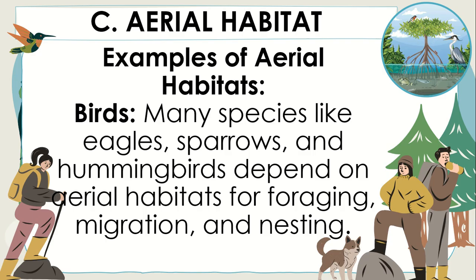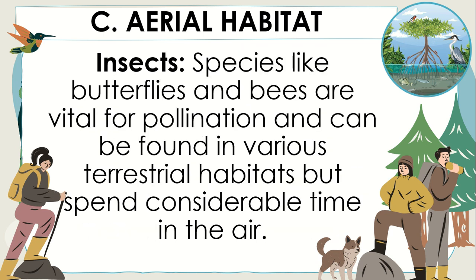Birds: many species like eagles, sparrows, and hummingbirds depend on aerial habitats for foraging, migration, and nesting. Insects: species like butterflies and bees are vital for pollination and can be found in various terrestrial habitats but spend considerable time in the air.